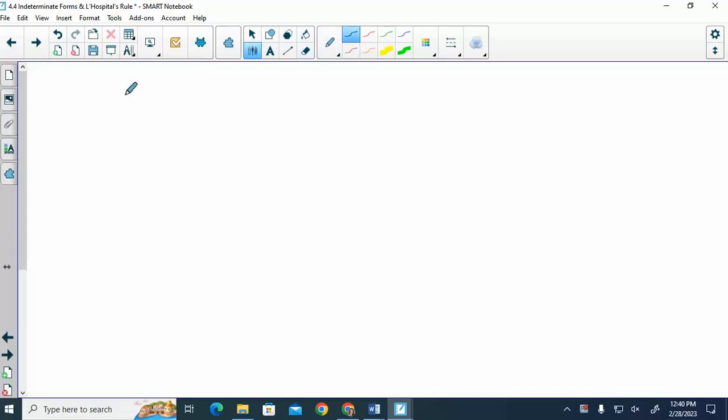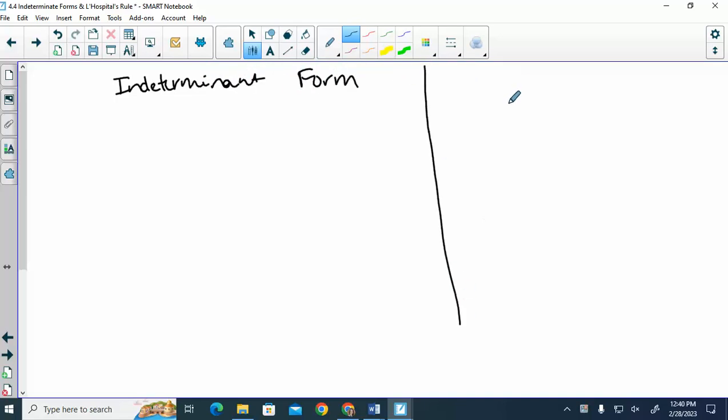I'm going to make a little table. So we have the indeterminate form, and I would probably jot this down if I were you, because this seems like what we're struggling with. And then our strategy.